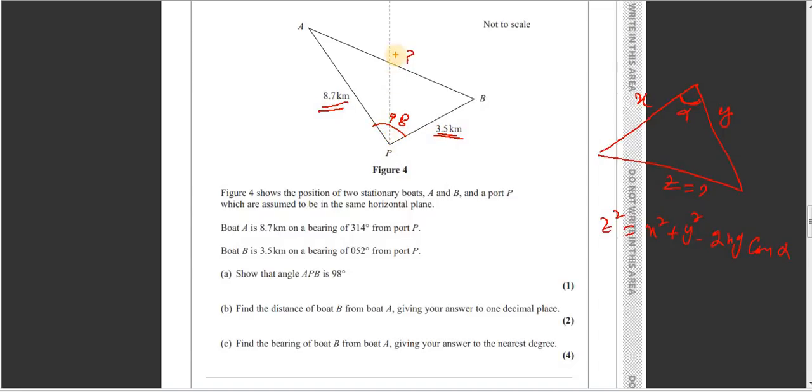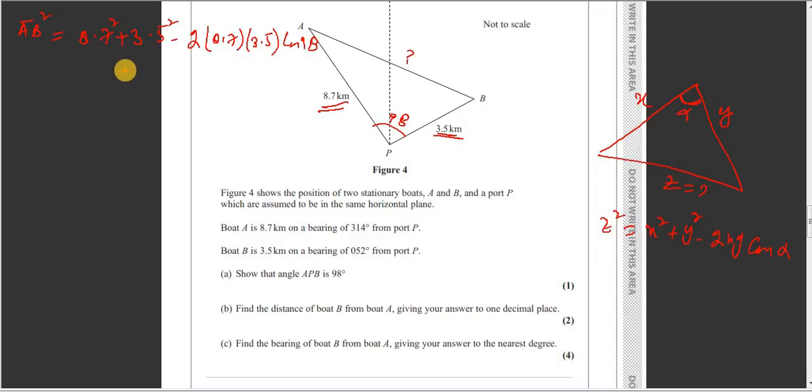We need to find the opposite side, that means AB. So AB squared would be equal to 8.7 squared plus 3.5 squared minus 2 times 8.7 times 3.5 times cos of 98, and you can solve this.